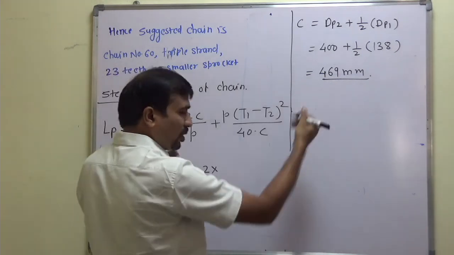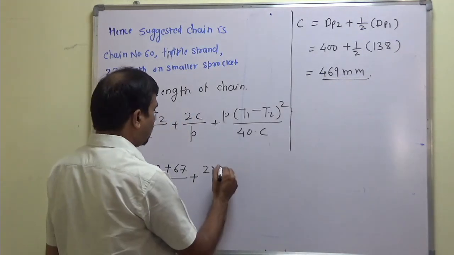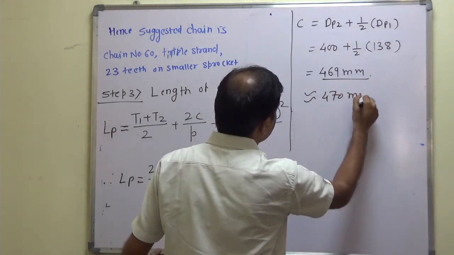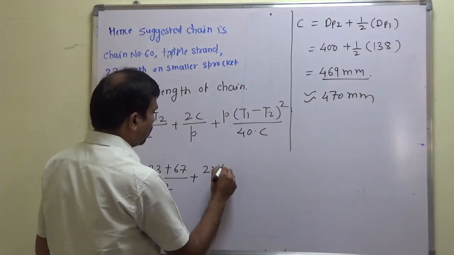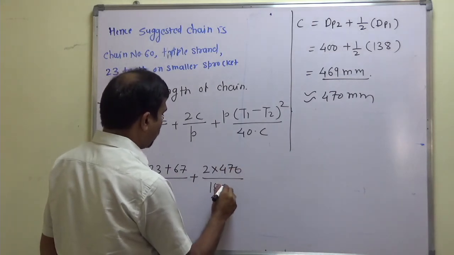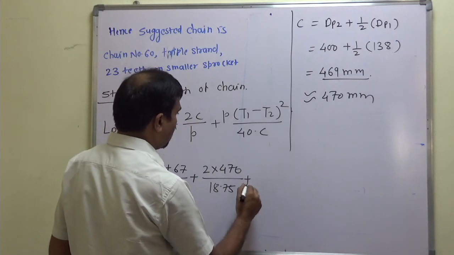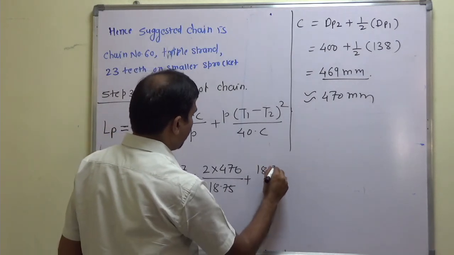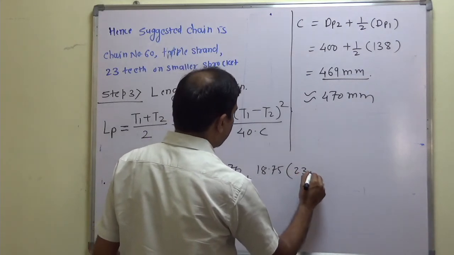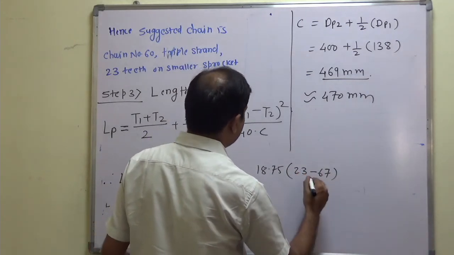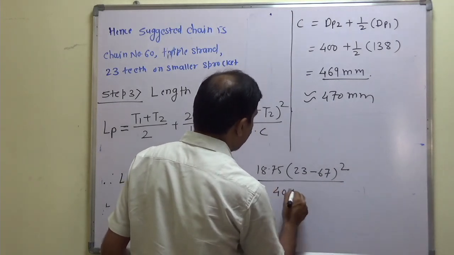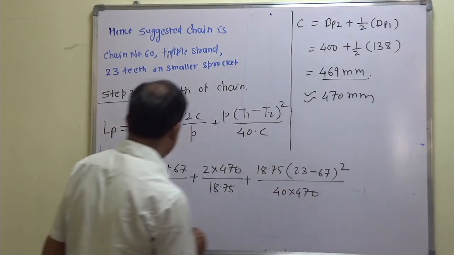You can take it 470 also, no problem with that. So I am taking 470 mm center distance. 2 into 470 upon 18.75 plus 18.75 in bracket T1 23 minus 67 complete square upon 40 into 470.